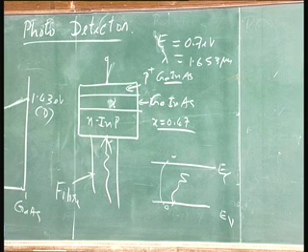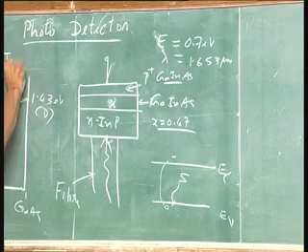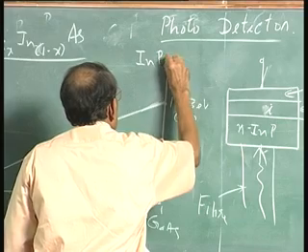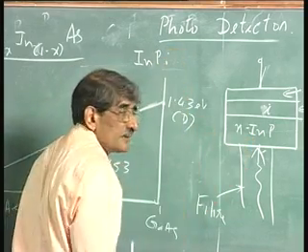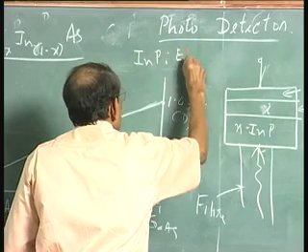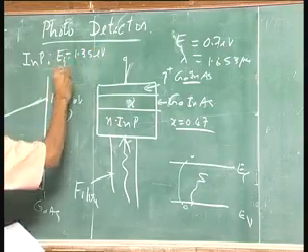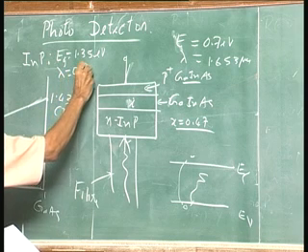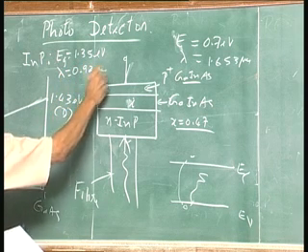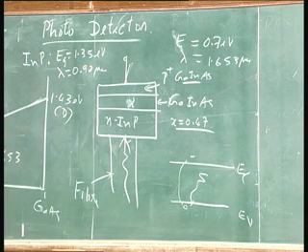Okay. Indium phosphide has a cutoff wavelength which is about 0.92. Indium phosphide, this one, that is Eg equal to 1.35 electron volts, which corresponds to lambda equal to 0.92 microns. Okay.